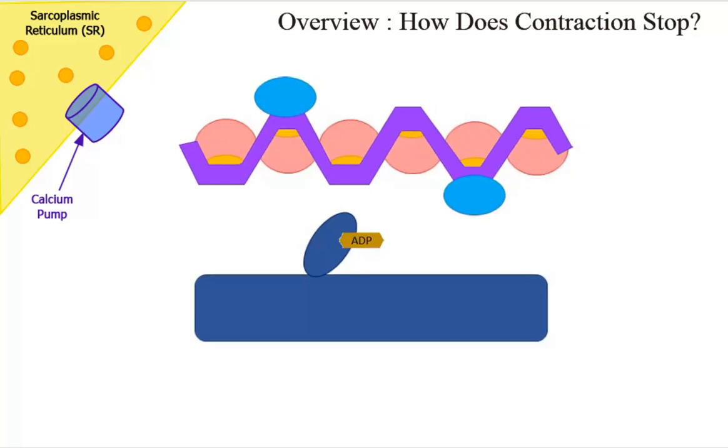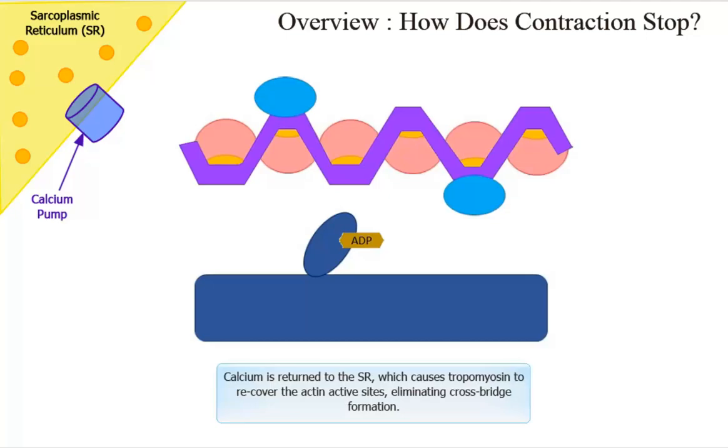And then once the active sites are covered, the myosin heads can no longer bind, and so the contraction cycle stops. So one of the stages of termination is that the removal of calcium causes the actin active sites to be covered again, resulting in the inability for cross bridges to form.